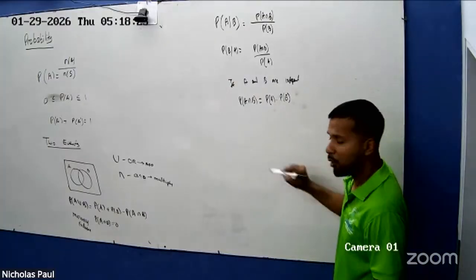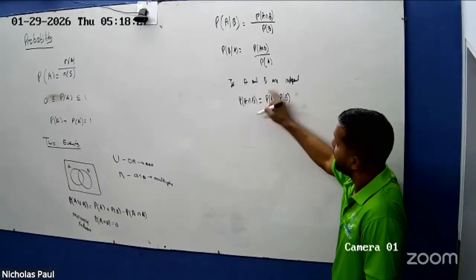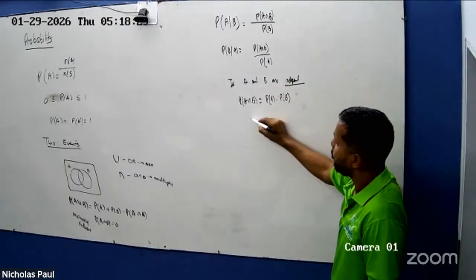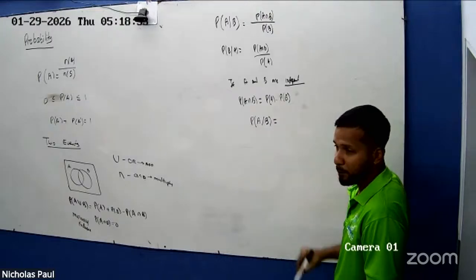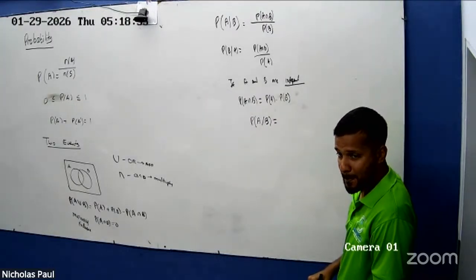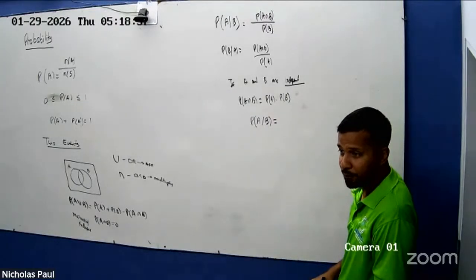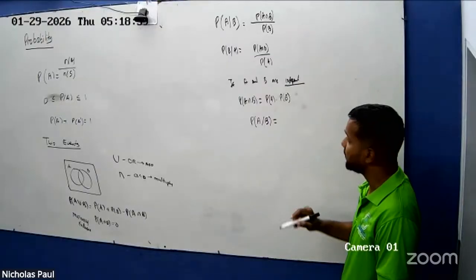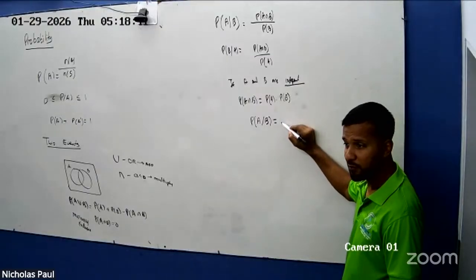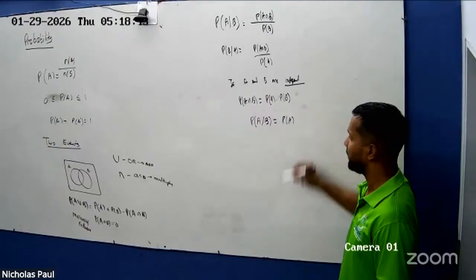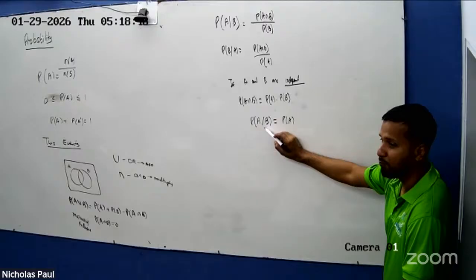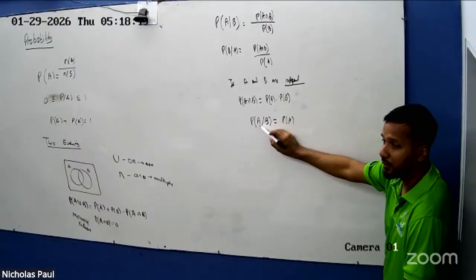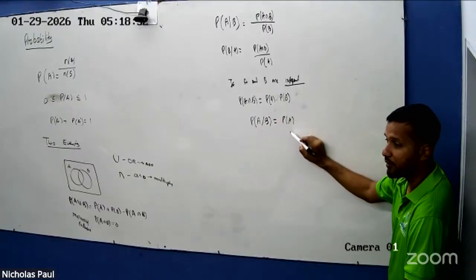If they're independent, what would the probability of A given B be? Probability of A, because it's not dependent on B. B doesn't affect A. So it's just simply the probability of A.